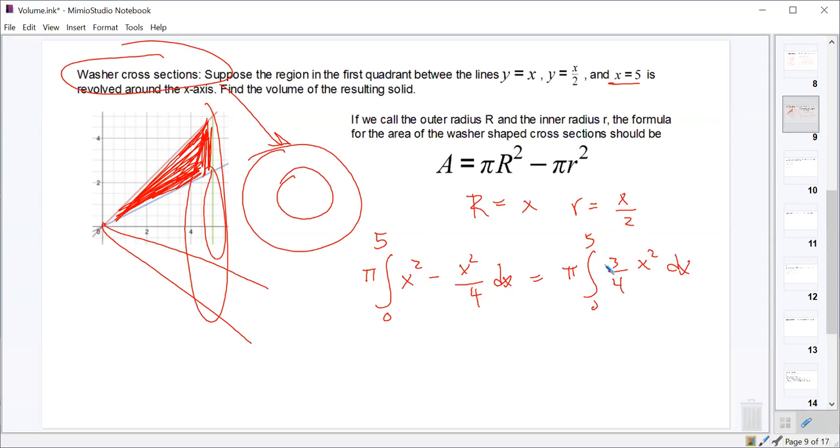So what do we get when we integrate it? Pi times x cubed over 4 from 0 to 5, which ought to be 125 pi over 4 units cubed.